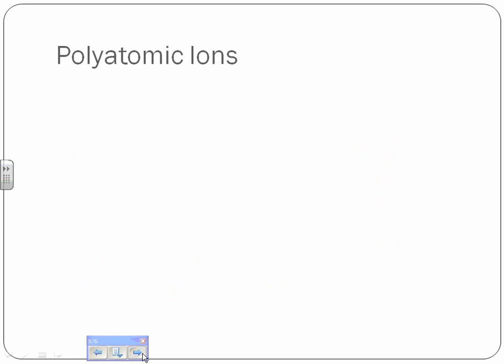What about the polyatomic ions? There's a whole bunch of polyatomic ions that are included in a packet of information, and I encourage you to use that packet to learn all you can about the formulas and the names of these polyatomic ions. Most of them end with the suffix -ate, and they combine an element with oxygen.